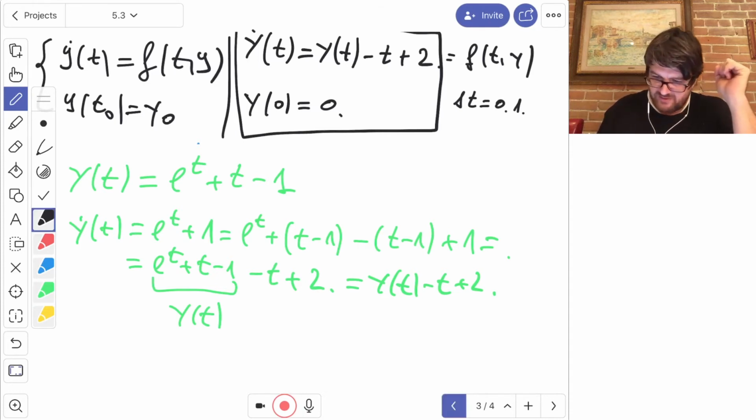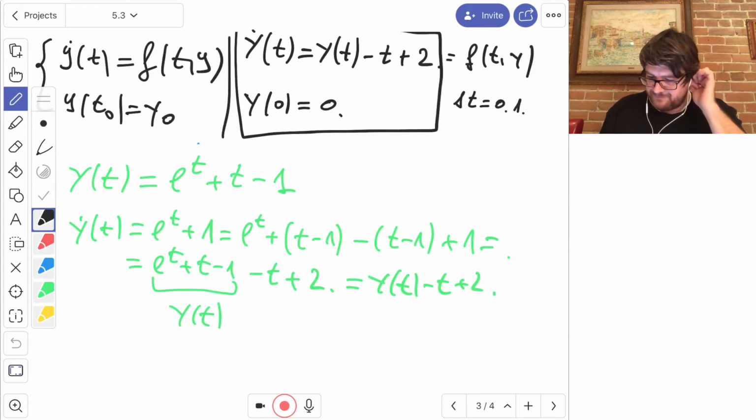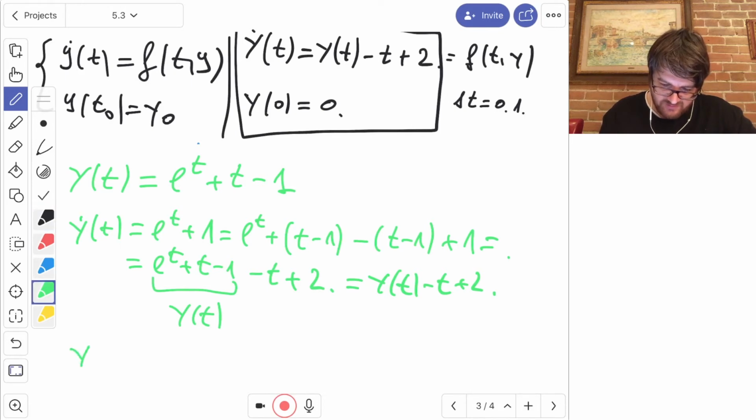I should have put the dot everywhere. Okay. And let's see if y of 0 equals 0. So y of 0: e to the 0 is 1, plus 0 minus 1 equals 0, checks out.